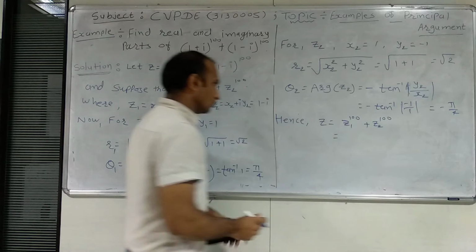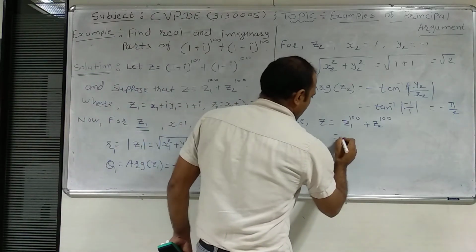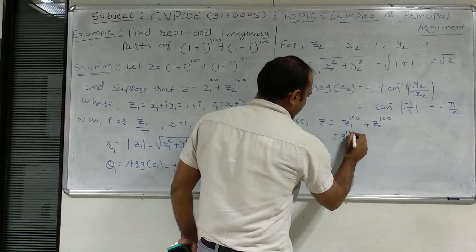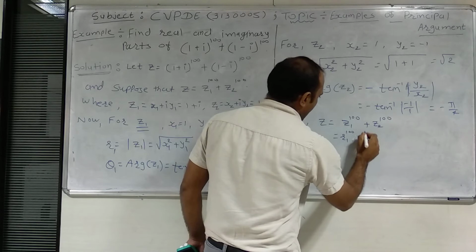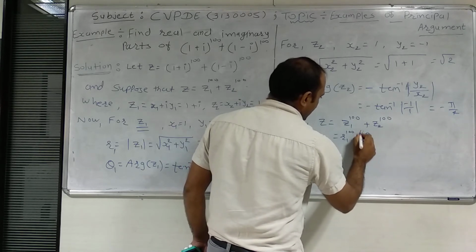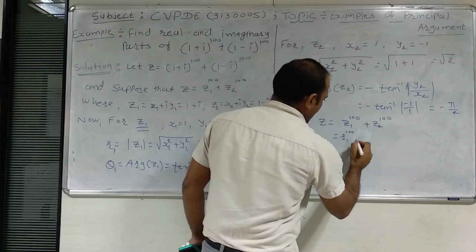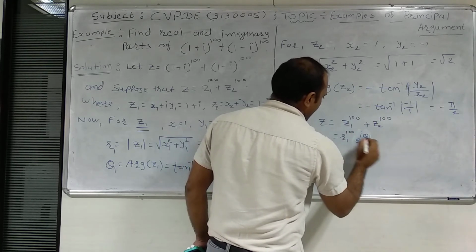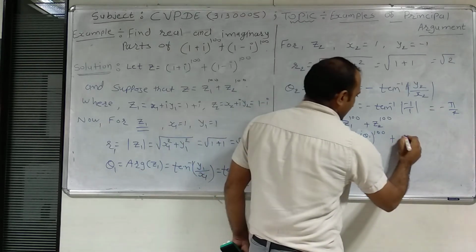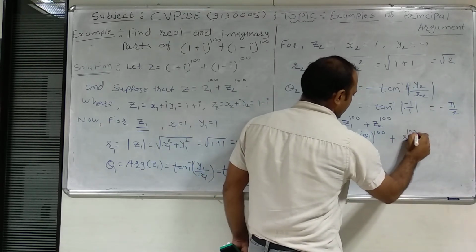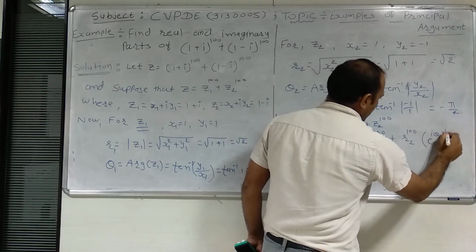Now this equal to, by using the polar form, r1 e raised to i theta 1, whole raised to 100, plus r2 e raised to i theta 2, whole raised to 100.